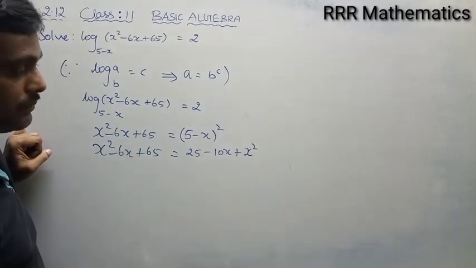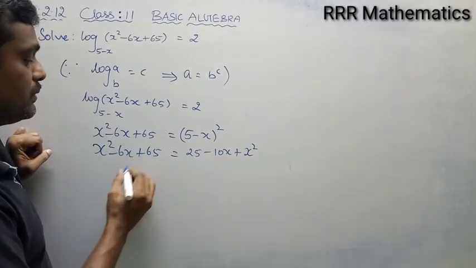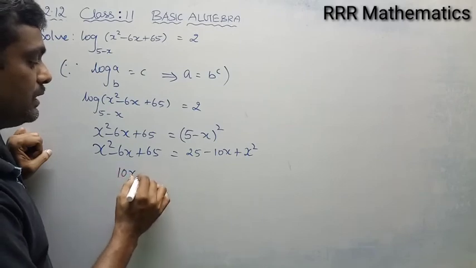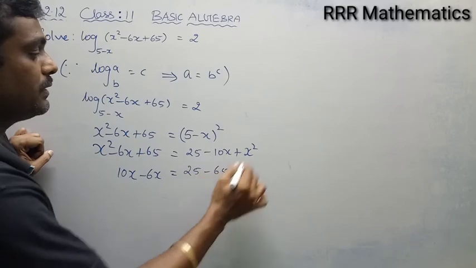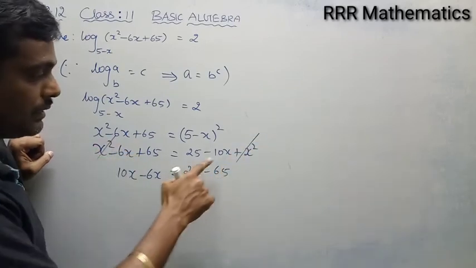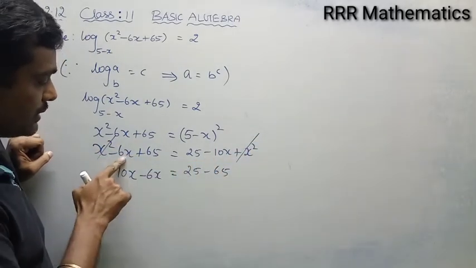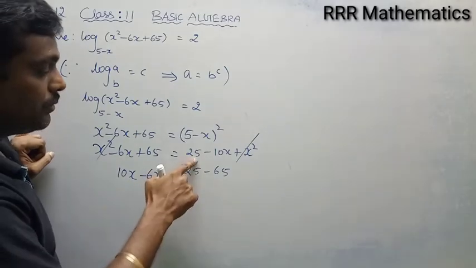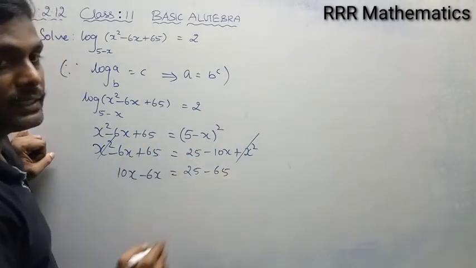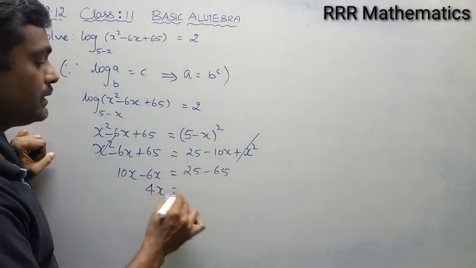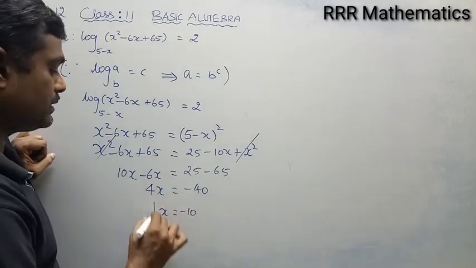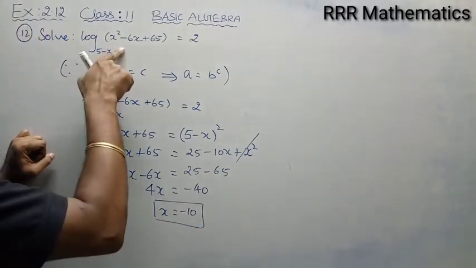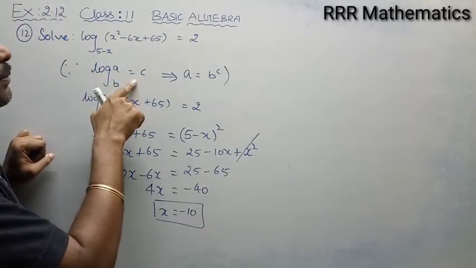X square cancels. The minus 10x comes here as plus 10x. Already I have minus 6x. The 65 comes here, 25 minus 65. It will be 4x equal to minus 40. When you divide by 4, it gives minus 10. That's all. Very simple.